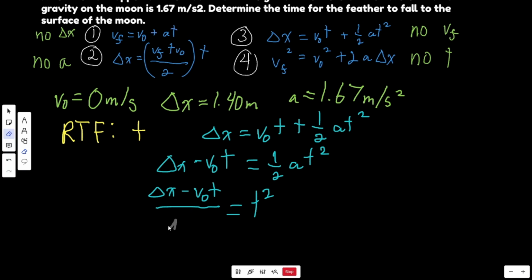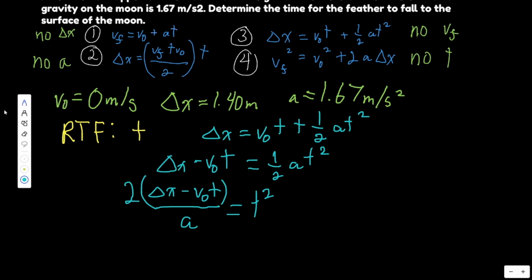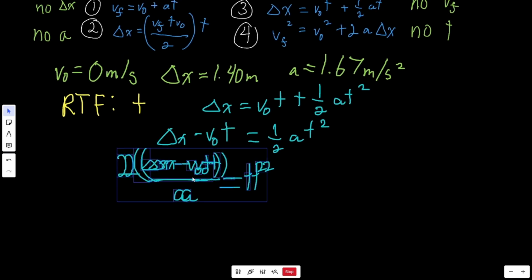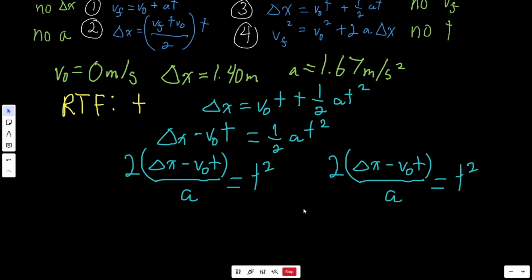So let's rewrite that. And then we have to get the square root of this side. Okay, let's copy this in order to get t squared, the value of t, I mean. So let's remove the squared here.